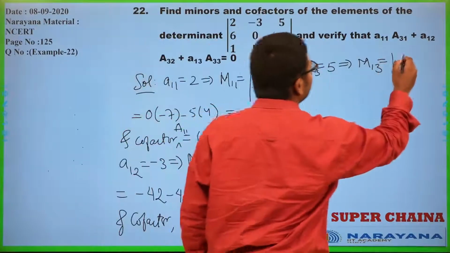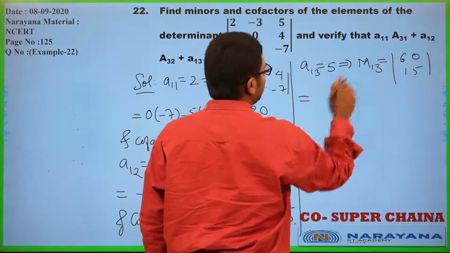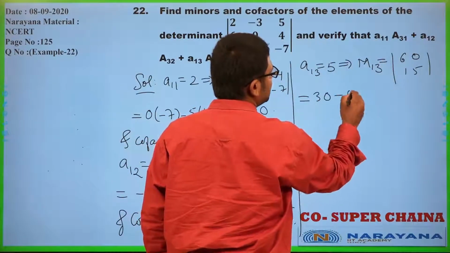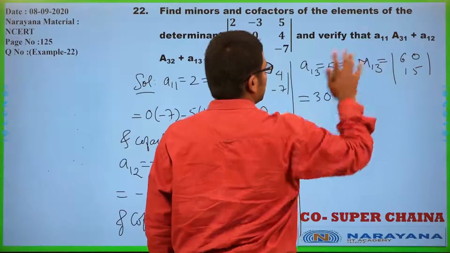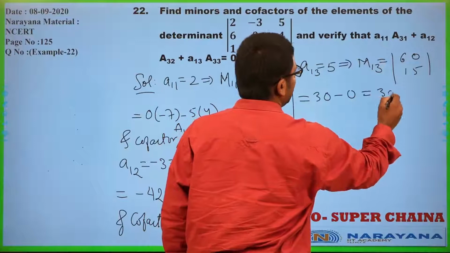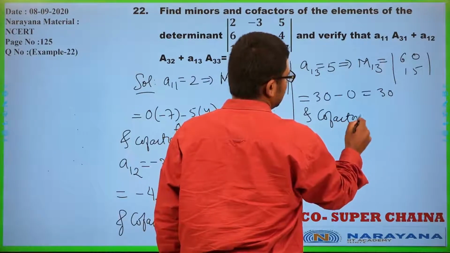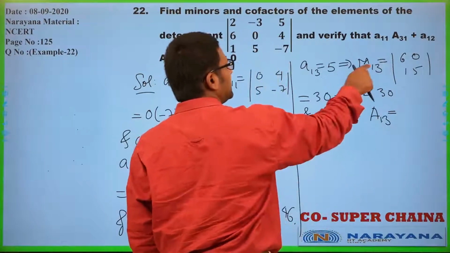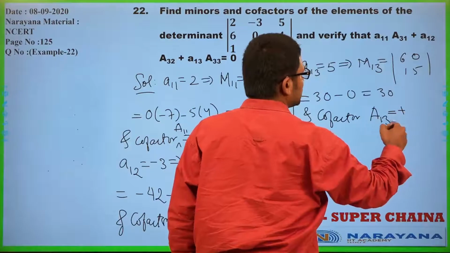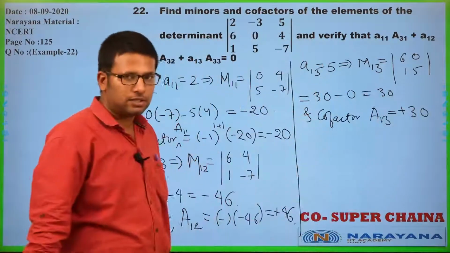So 6, 0, 1, 5, right? Which is, can we say this is 30 minus 0, because now you are comfortable. So 6 into 5 is 30 minus 1 into 0 is 0, which is 30, and cofactor, which is capital A13, would be minus 1 raised to 1 plus 3, so which is plus of this, 30, right?